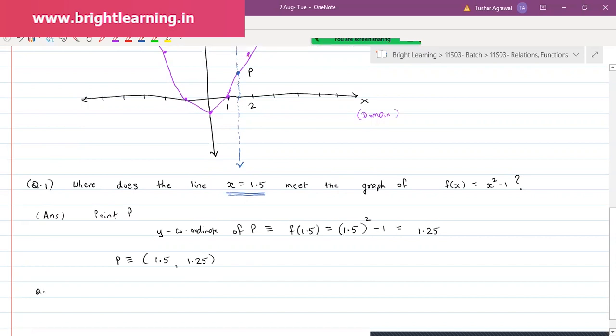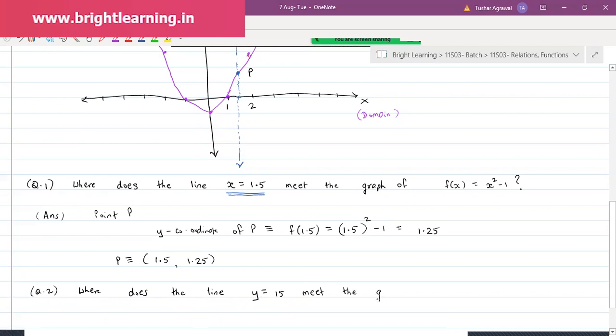My question number 2. Where does the line y equal to 15 meet the graph of f of x equal to x square minus 1?